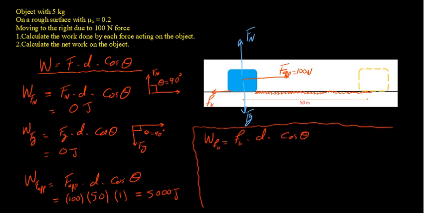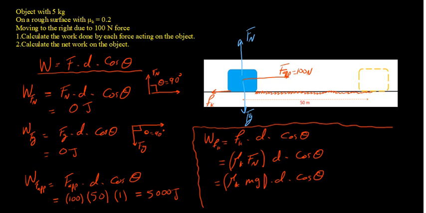Now again, from our experience about forces and the videos we discussed before, I know the friction force is the coefficient multiplied by the normal force. And here is the distance, here is the cosine theta. Once again, from the free body diagram, the normal force is equal to mg, the gravity force.